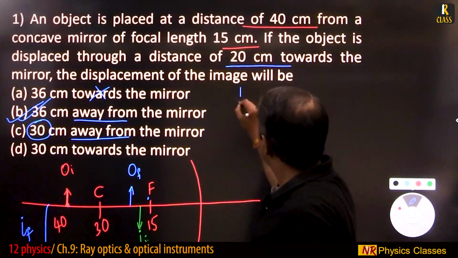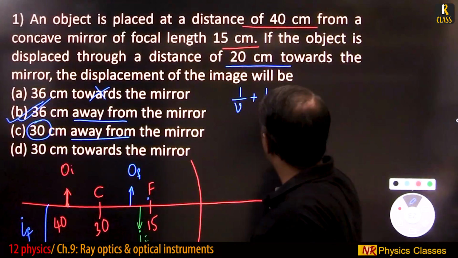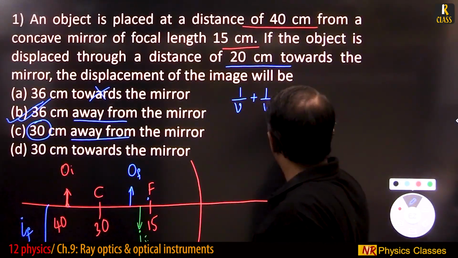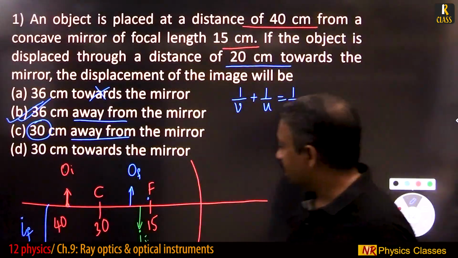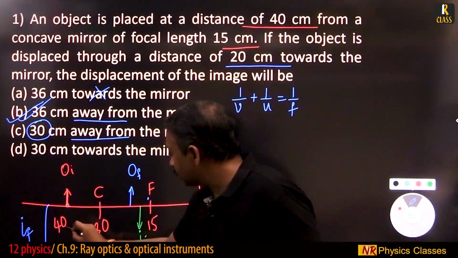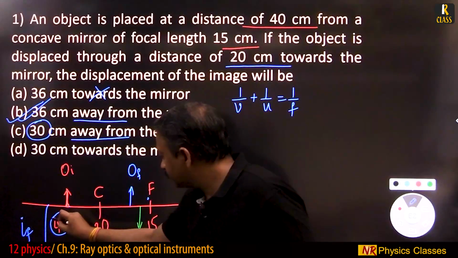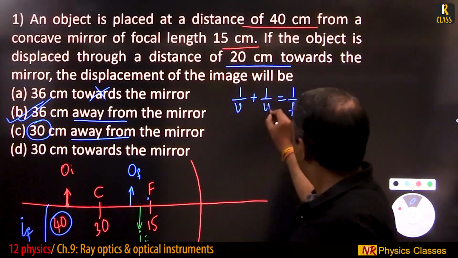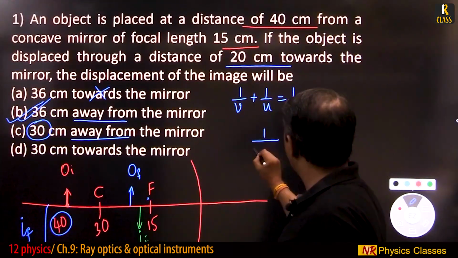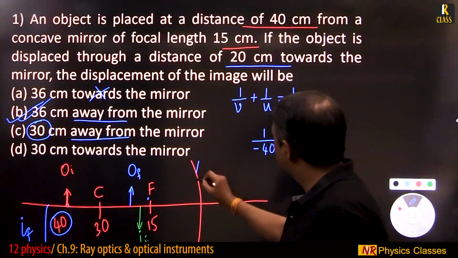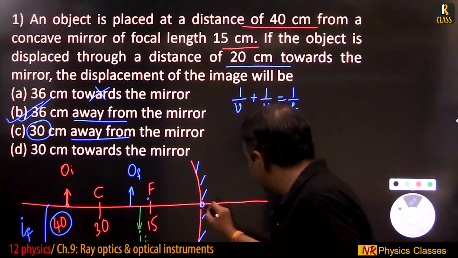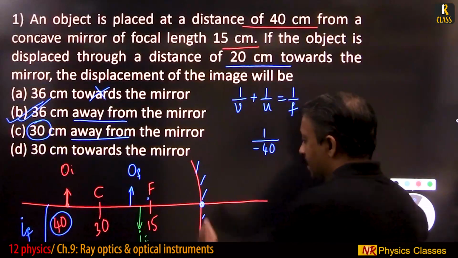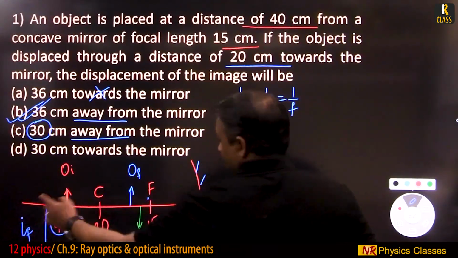The mirror formula is 1 by v plus 1 by u equals 1 by f. In the first case, the object distance is 40 and we have to find the image. The object distance is minus 40, because with respect to the pole, the distance is to the left.